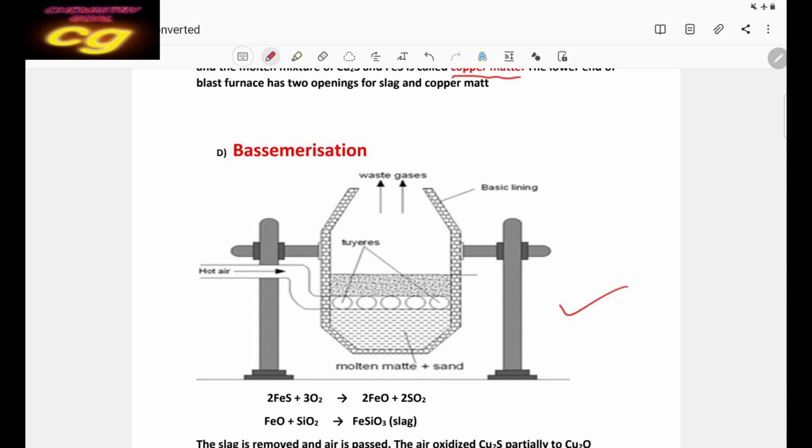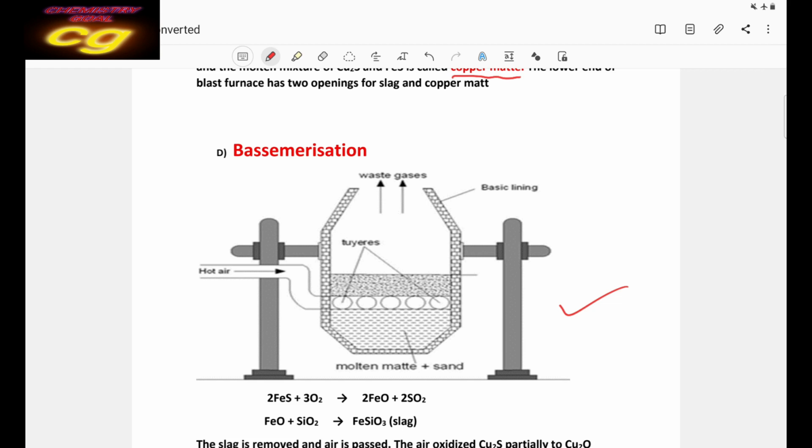This is called the Bessemer converter. It is a steel tank. Here the copper matte is taken and strongly heated with hot air. When hot air passes into the chamber, the copper matte containing copper sulfide and iron sulfide reacts.